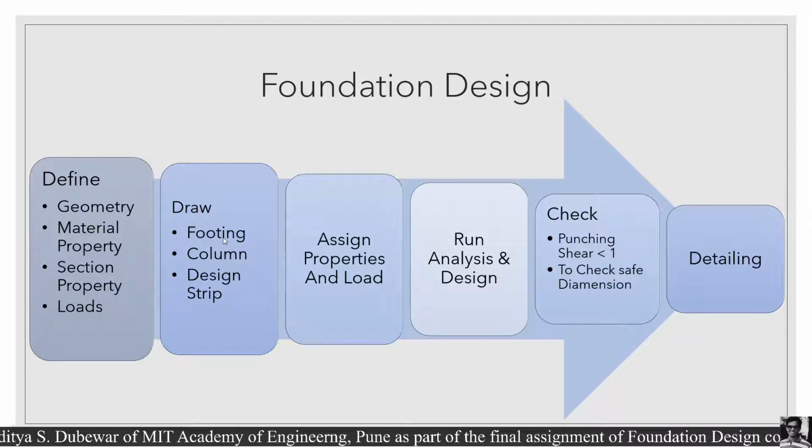In that we actually draw the footing, column, and design strips, then assign the properties and loads to the drawn footing, then run analysis and design, and after that check the foundation for punching shear, which should be less than 1, check the shape dimension of the footing, and then detailing. Let's complete the foundation design of our building.